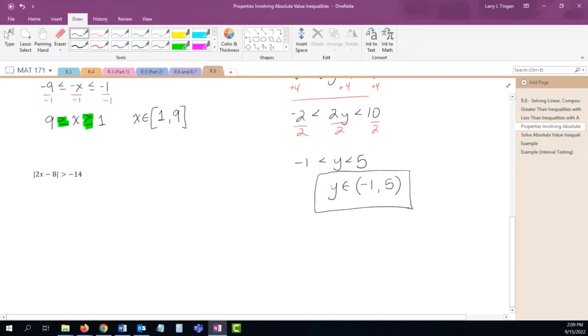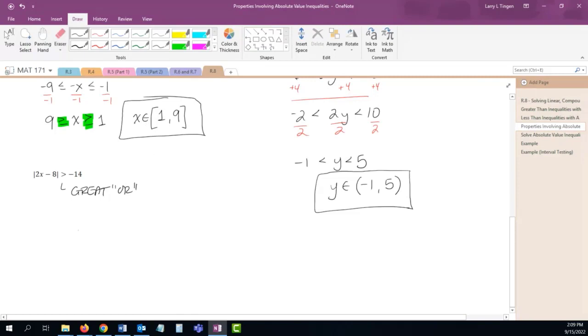All right. Now, last one on this page. Absolute value of 2x minus 8 is greater than -14. So what do I have here? This is a great or, right?